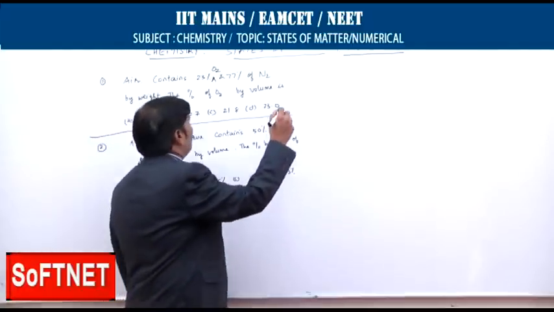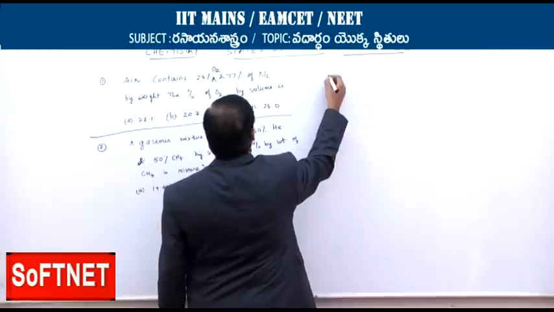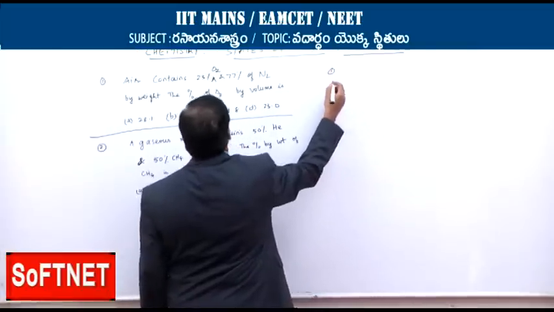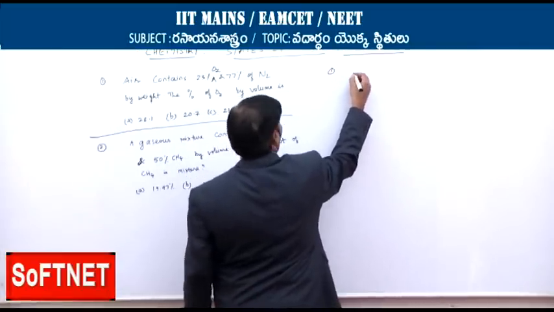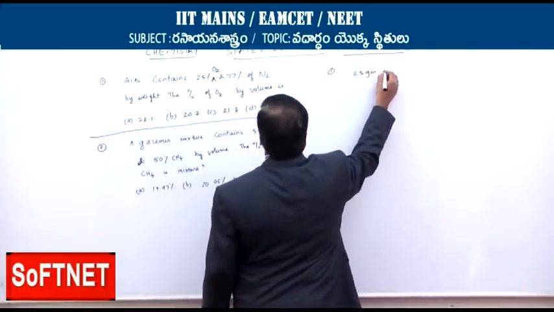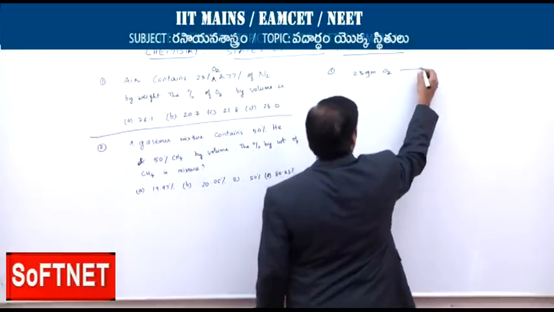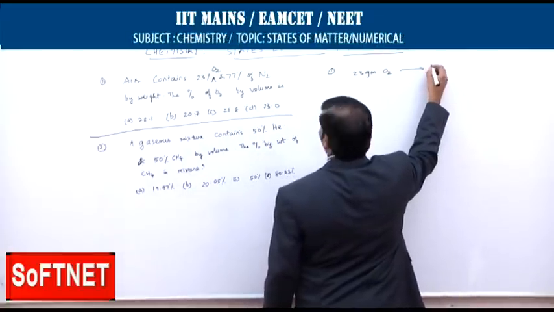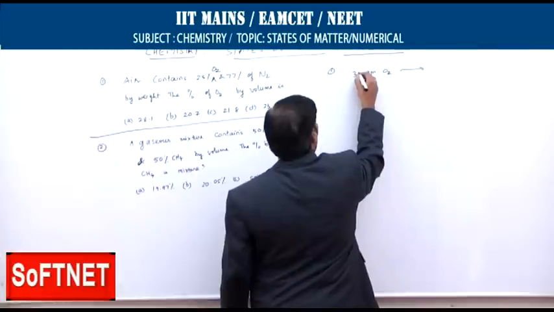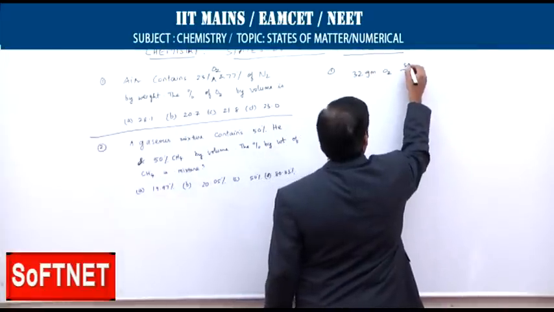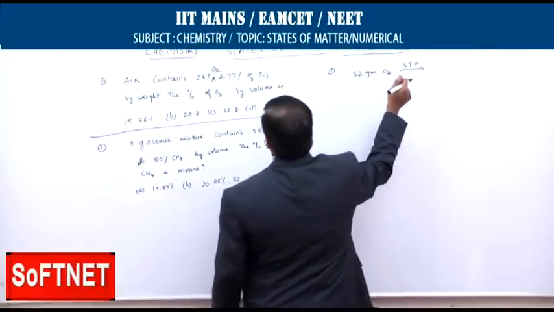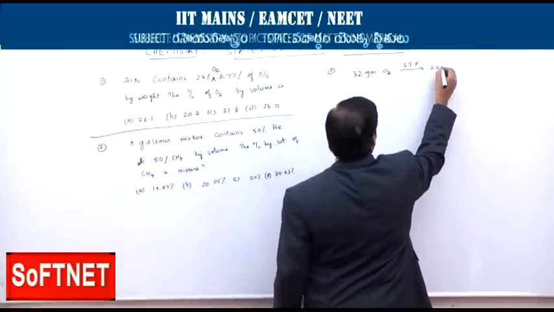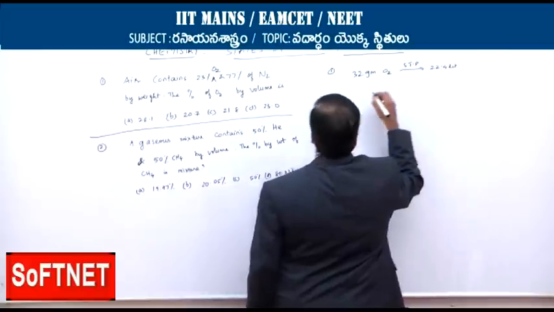So here, for the first one, we can take 23 grams of O2. 32 grams of O2 at STP contains 22.4 liters.